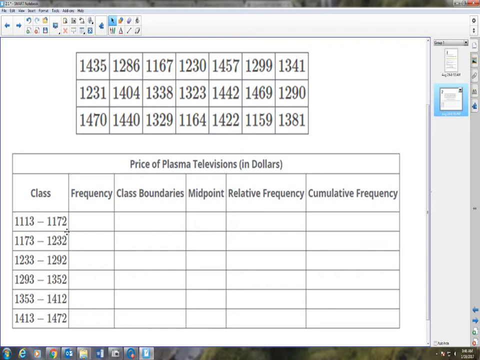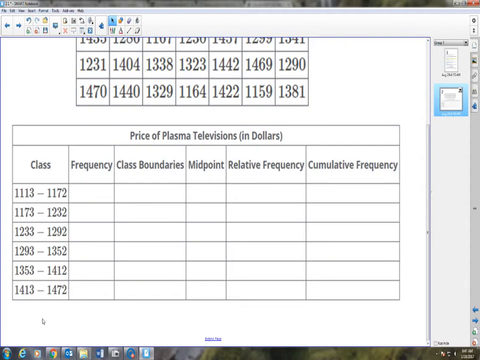The 1172 will be the upper class limit of that class. So the first number of every class is your lower class limit. The second number are the upper class limits of every class. The class width is the difference between two consecutive lower class limits or two consecutive upper class limits. You can pick either one.